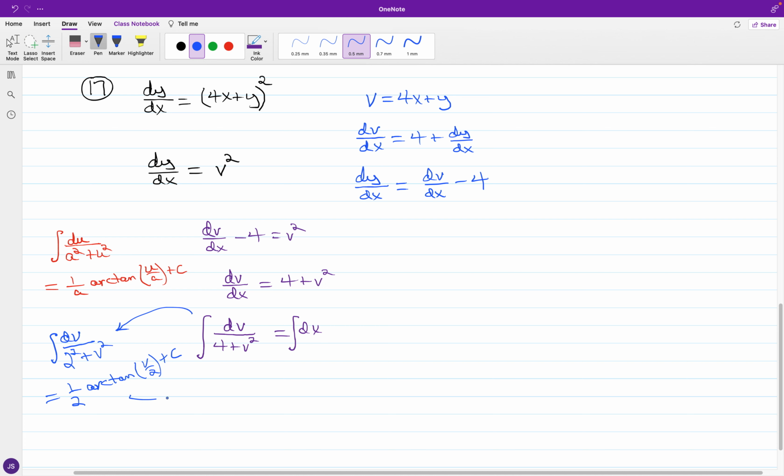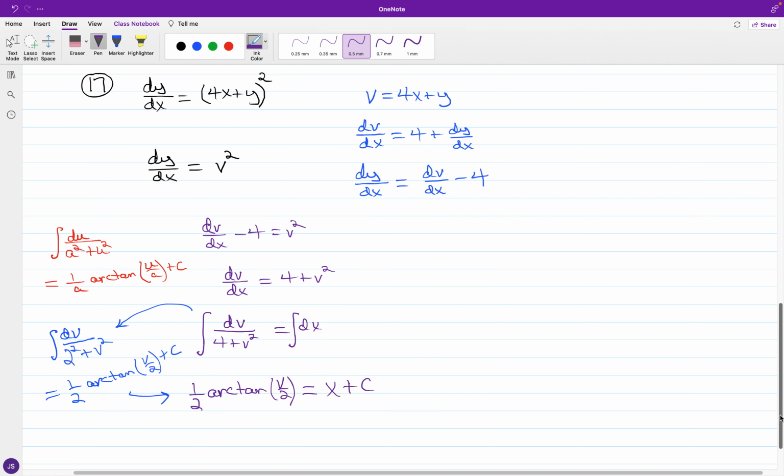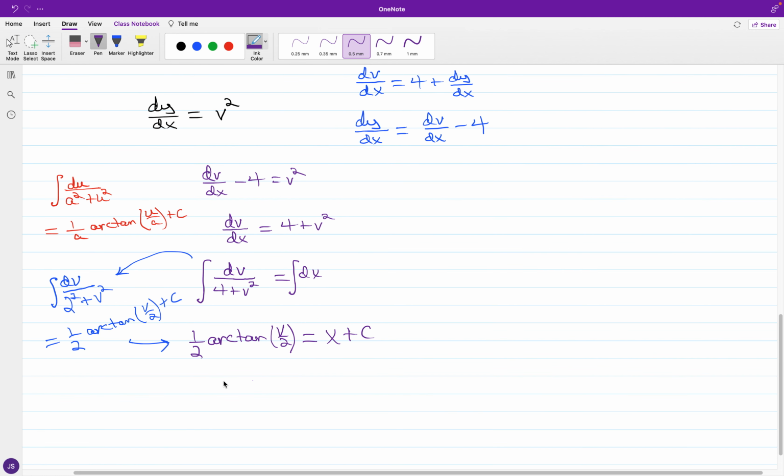Just putting back, we've got 1/2 of the arctangent of v over 2 is equal to x plus c, and multiplying by 2, we have the arctangent of v over 2 is equal to 2x, and for 2 times c, I'm just going to insert alpha.